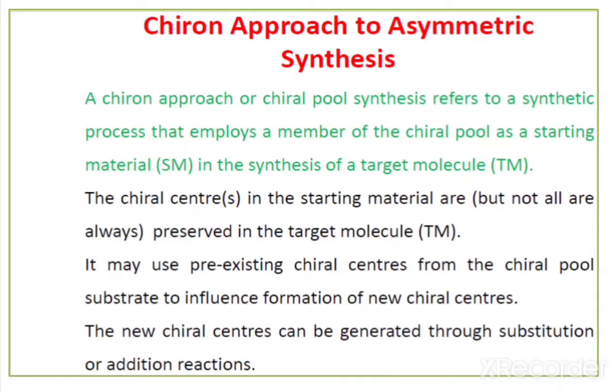Now, the next thing is the chiron approach to asymmetric synthesis. The chiron approach or chiral pool synthesis refers to a synthetic process that employs a member of the chiral pool as a starting material in the synthesis of a target molecule. Here, the chiral centers in the starting material are preserved in the target molecule.